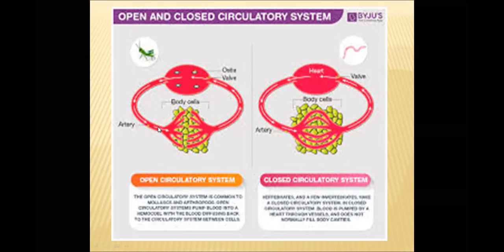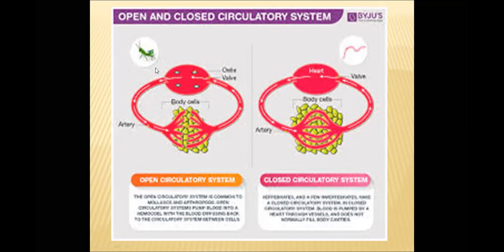But these supplying blood vessels and collecting blood vessels are not connected with each other. They are separated. As they are separated, blood is coming out of them and filling the open spaces. In the cockroach circulatory system also, we have seen that several hemocoelomic cavities are there.